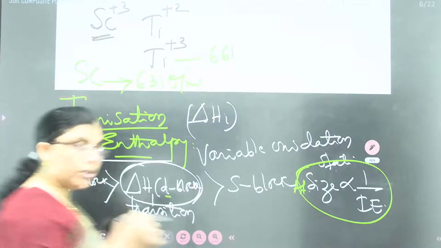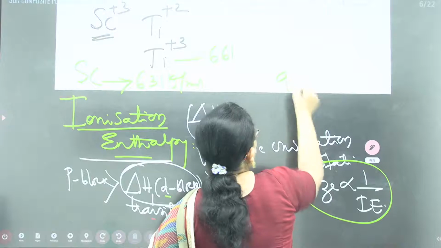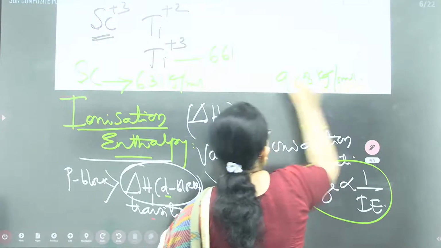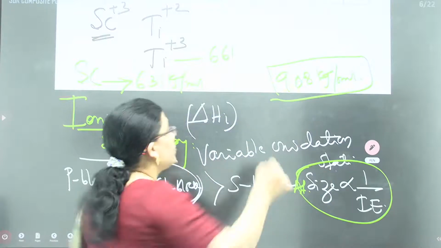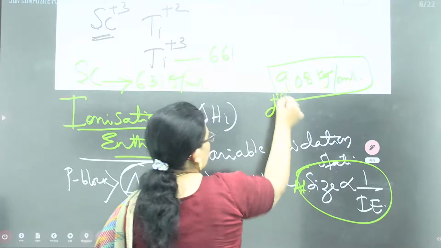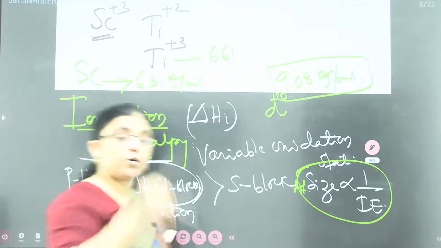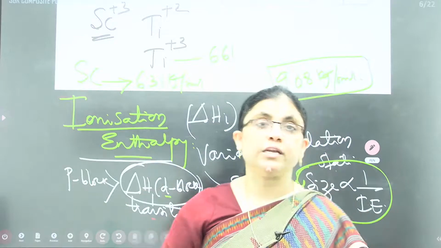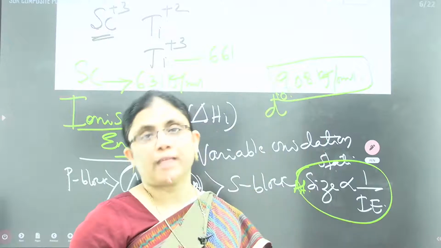Whereas zinc will show higher. Zinc shows around 908 as its first ionization enthalpy, the highest, because of the completely filled 4s2 3d10 electronic configuration.